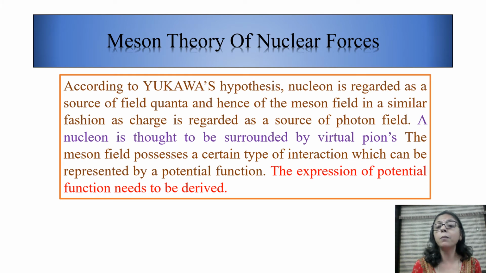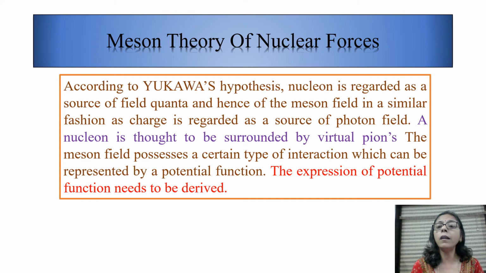Now, coming to the most important part of this Meson theory of nuclear forces. According to Yukawa's hypothesis, as we have studied up till now, a nucleon is regarded as a source of field quanta and hence of the Meson field in a manner similar to how charge is regarded as a source of photon field.